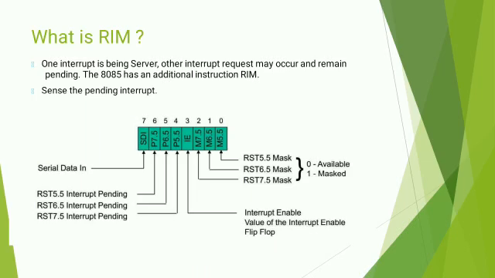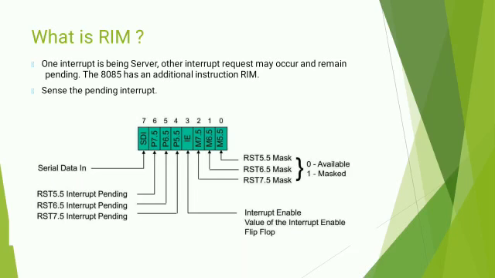Now what is the RIM instruction? While one interrupt is being served, another interrupt request may occur and remain pending. The 8085 has an additional instruction, that is RIM, which reads the pending interrupts, or RIM means to know the status of interrupts.